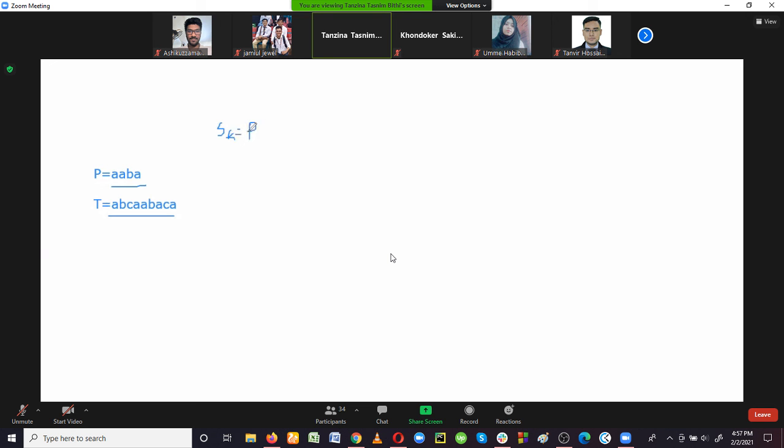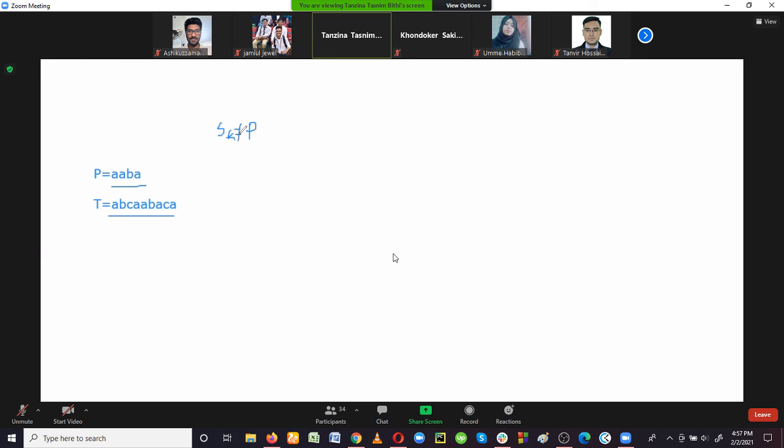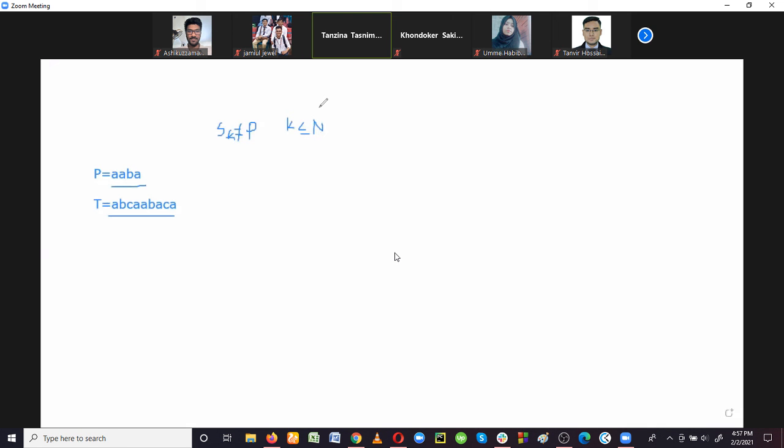The last state is p. So we'll continue this process until the value of sk is p and k is less than or equals to n. And here n is the character length of the text. How many characters are here? 9 characters.